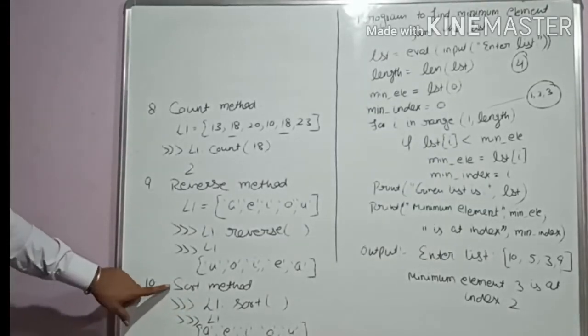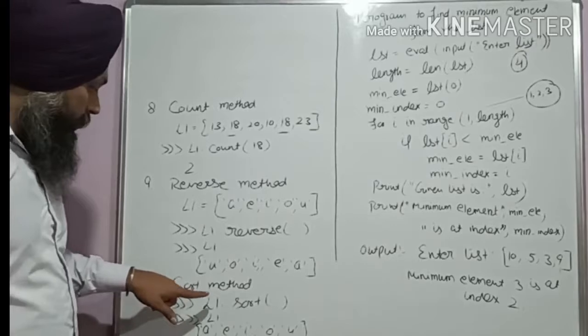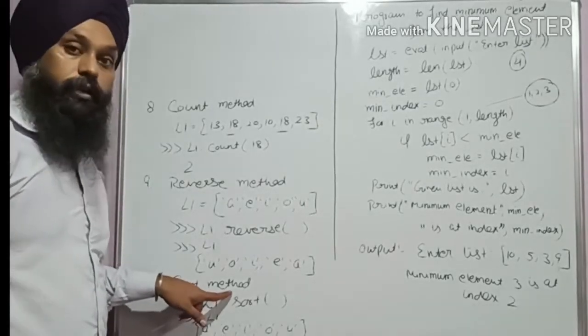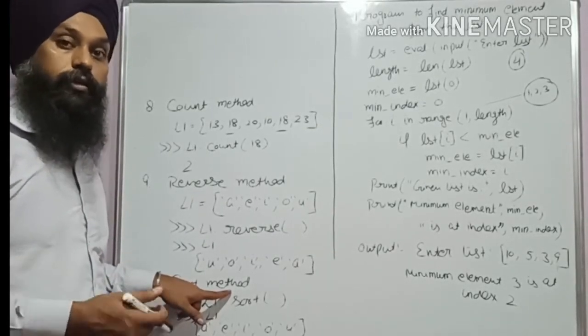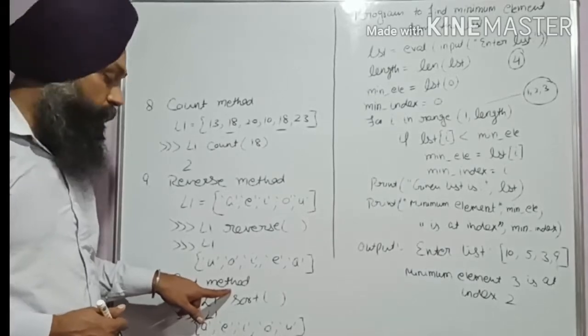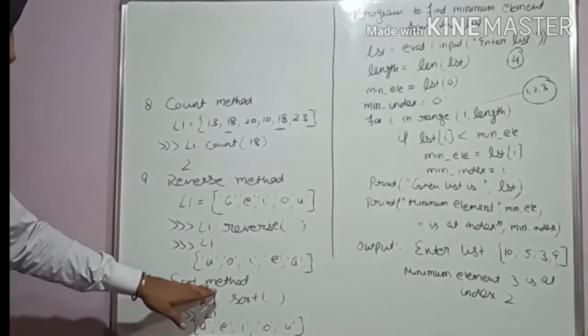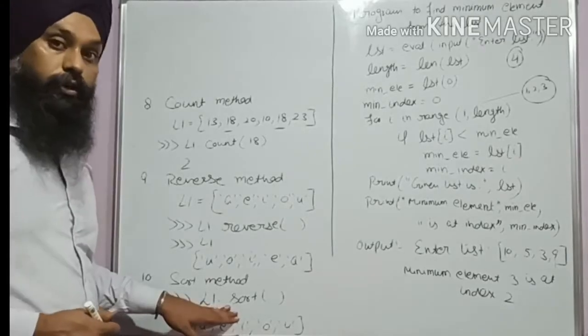Next we have the sort method. The sort method is used to arrange the elements of the list in ascending or descending order. By default, the sort method sorts the elements in ascending order.